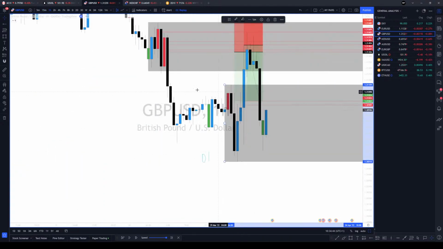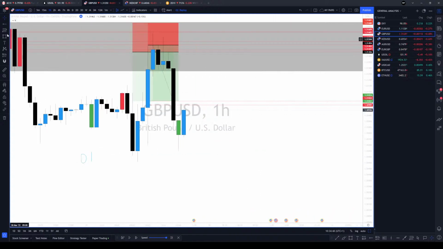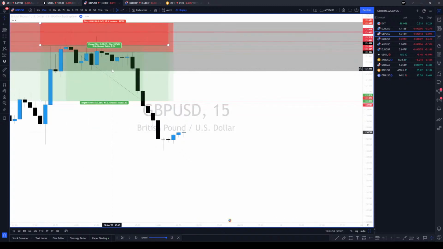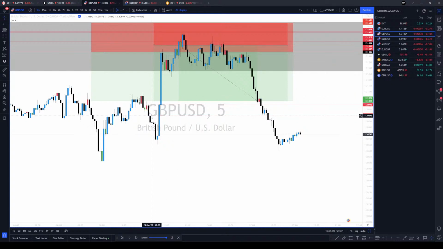So I'm gonna get rid of the box and then identify all the gaps. So we have one here, which is the one I said you want to place your buy at. So if you drop down, it's a huge one. And then there is one here, which I like because we have a short-term low.